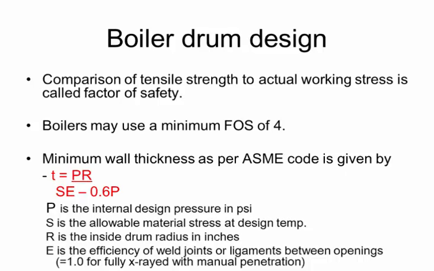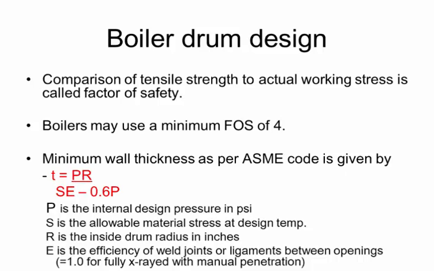The minimum wall thickness as per the ASME code is given by T equals P times R divided by SE minus 0.6P. In this case, P is the internal design pressure, and it is used in PSI, pounds per square inch. So if in your calculation you are working with kilopascals, you need to convert that to PSI, and only then can you use this formula. Please remember that.